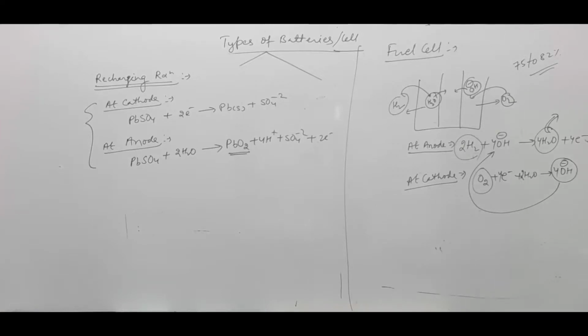Now, limitations of fuel cell. Why are we not using it even after this much advantage? First, cost effectiveness is not there, because the fuels used are hydrogen and oxygen.